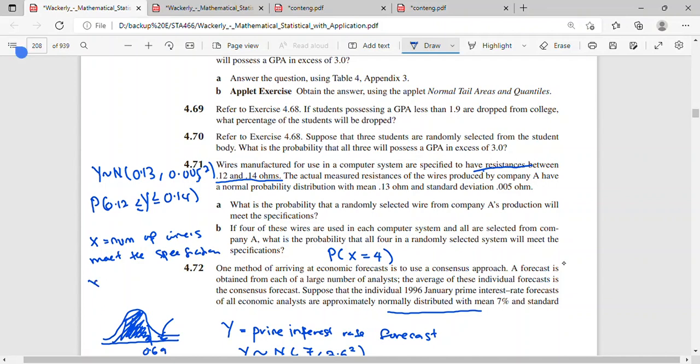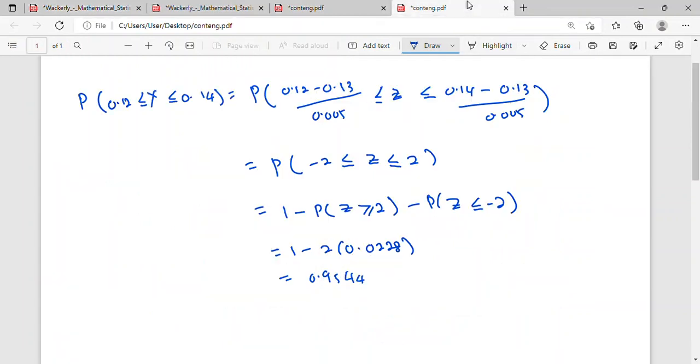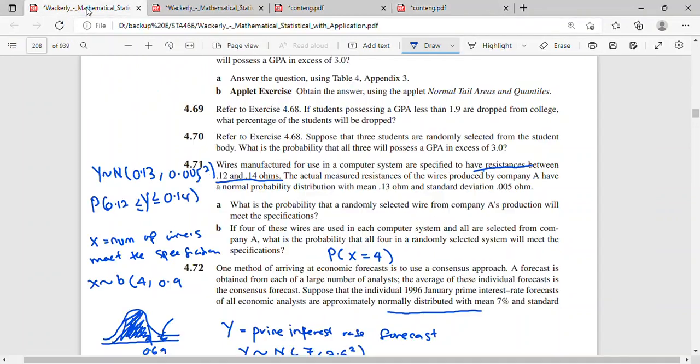So X adalah binomial distribution with n-nya 4 dan probability-nya adalah 0.9544, yang meet the specification. Sebab dekat A tadi kita dah cari probability the wires meet the specification.